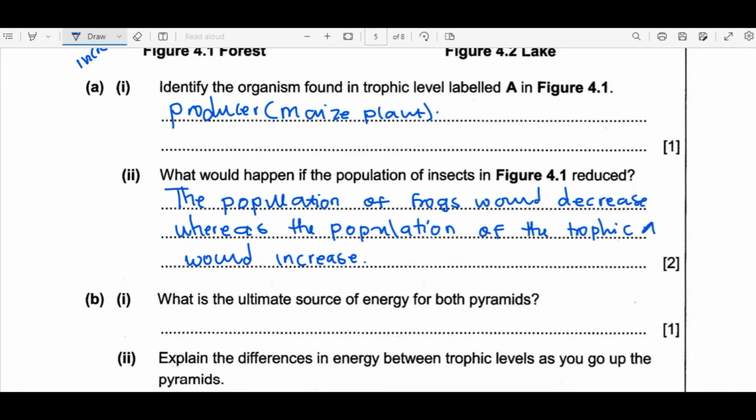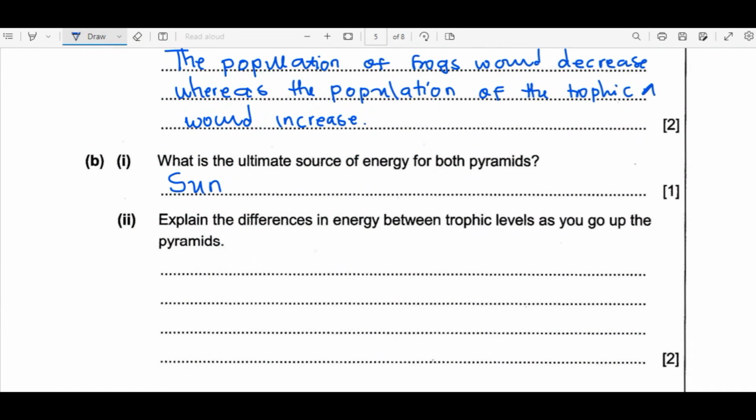Okay, we move on to question B1. What is the ultimate source of energy for both pyramids? As long as it's the ultimate source of energy, the answer is always the sun. Then you explain the difference in energy between trophic levels as you go up the pyramid. So we'll say as you go up the pyramid, energy decreases.